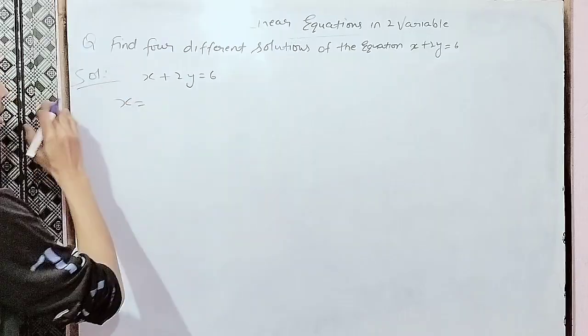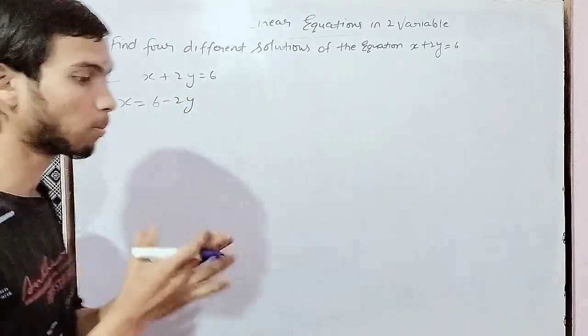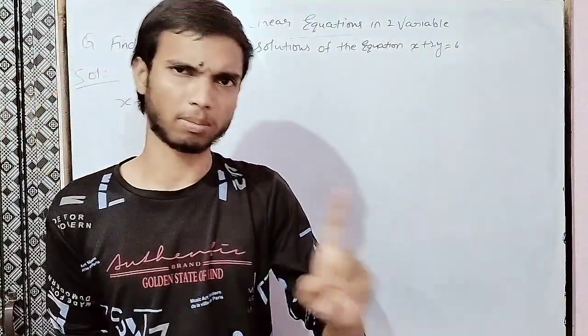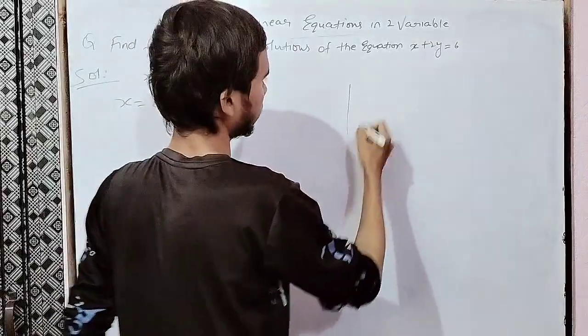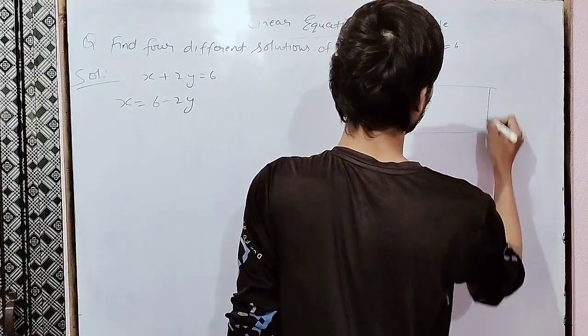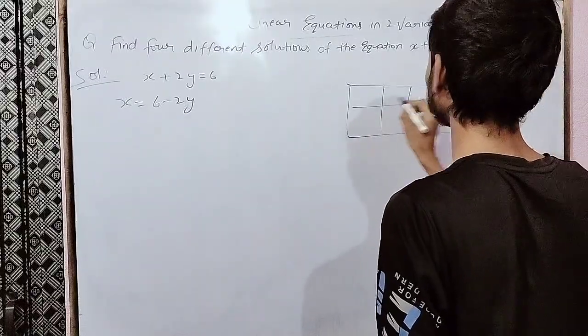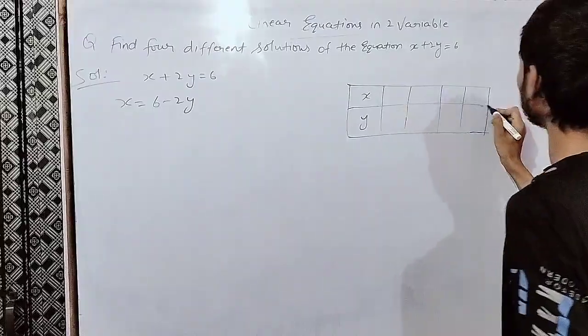So x equals 6 minus 2y. We will put a value of y from 0 till infinity, but only 4. Again I'm telling you, we can make a box to represent 4 different solutions. 1, x comma. Okay, now what else?